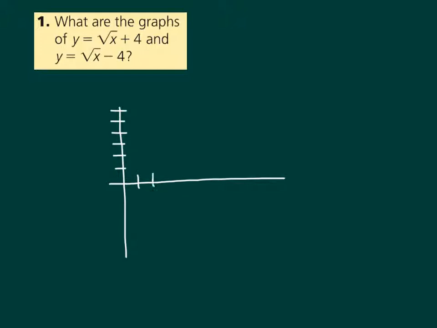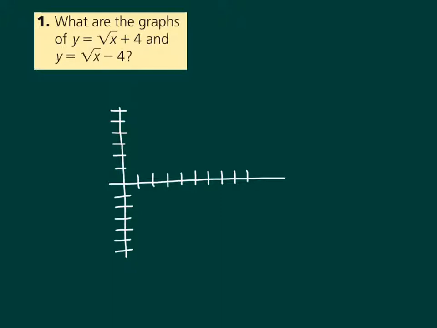So if we're going to graph the square root of x plus 4, thinking back to our family of functions, the rule from that previous slide, we can see that A is 1, so there's no stretch or compression. H is 0, so there's no horizontal shift. But K is plus 4 here.